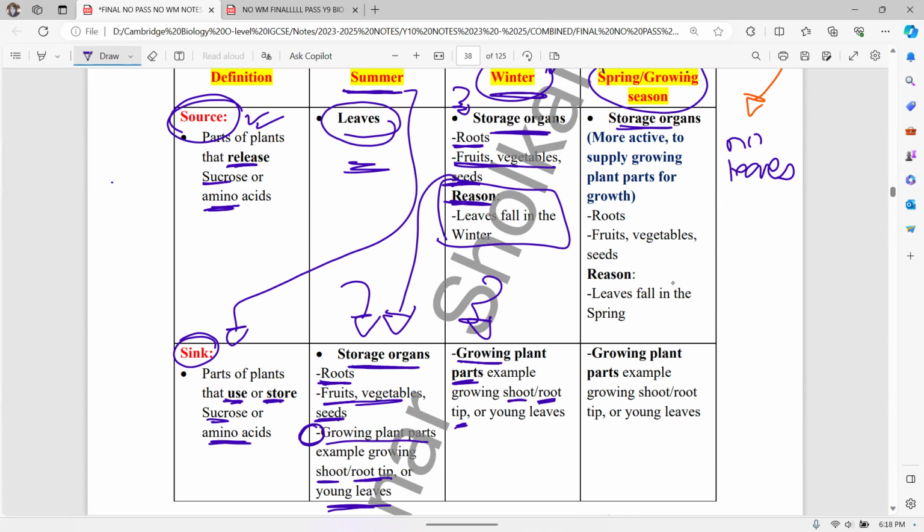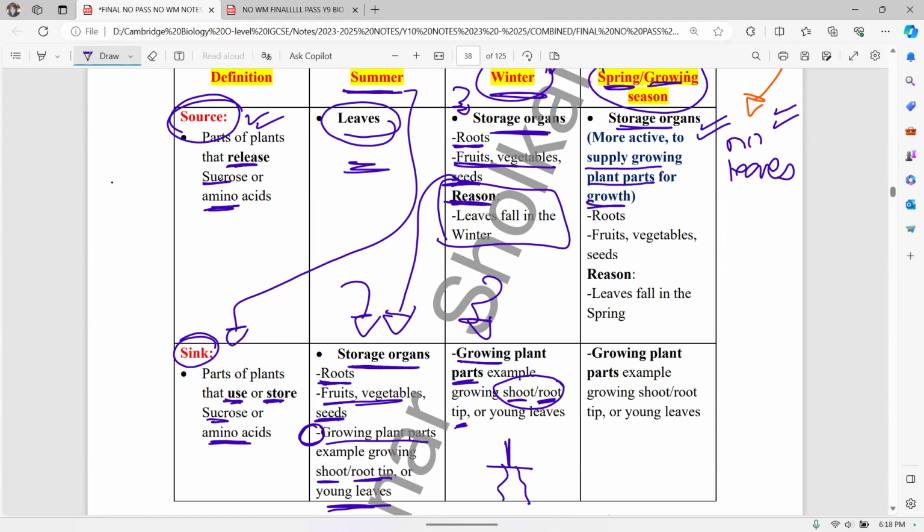Okay? Now, in case you're confused, the shoot is the stem and the root is the part that is inside the soil. Now, the spring, you'll find that the spring is exactly the same as the winter. The source will be any storage organ. And in the growing season or the spring, just before the summer, these storage organs are very active. They're more active to supply the growing plant parts for growth.